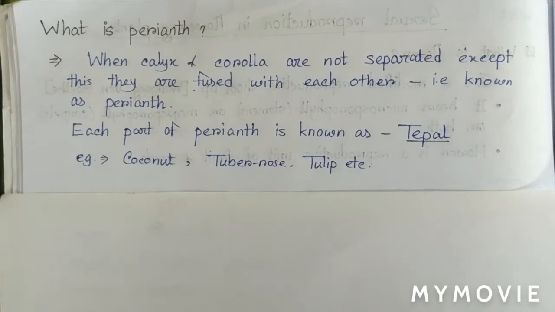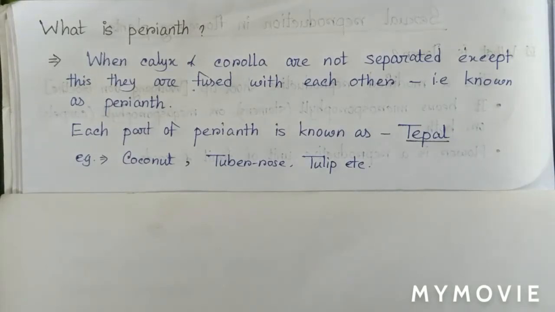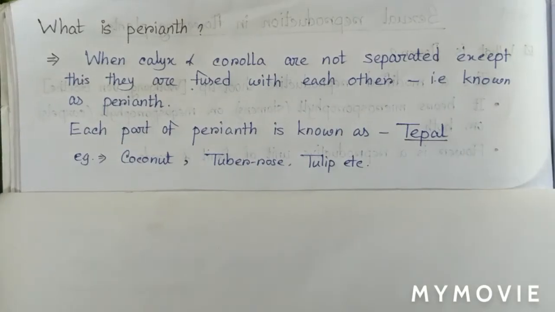Each part of perianth is known as tepal. And where do we find it? We found it in coconut, tuberose, tuberose is commonly known as Rajnigandha, and tulip. So, perianth we find in these plants or this type of flowers.